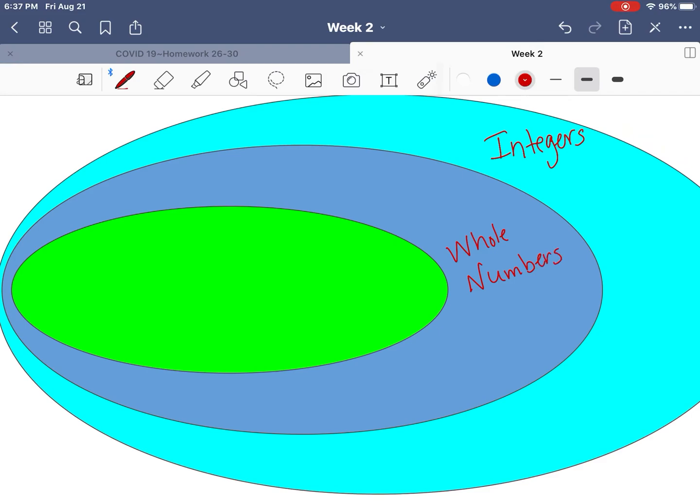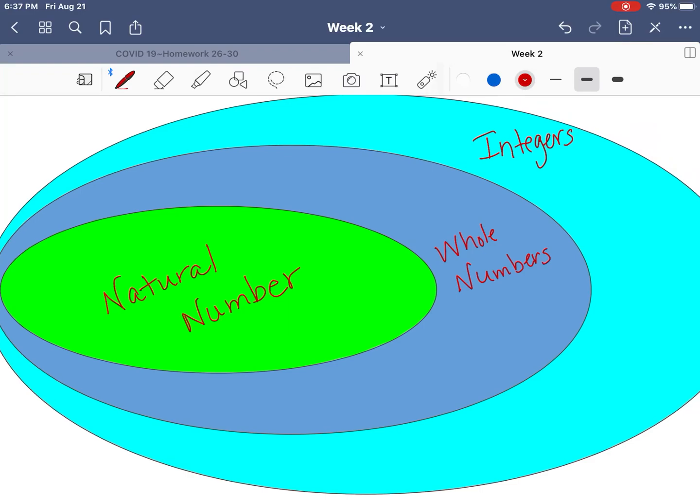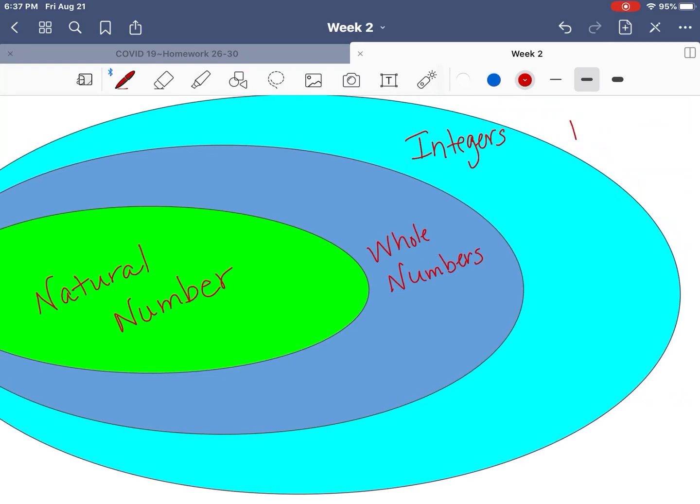And the smallest category would be natural numbers. Remember, natural numbers are the ones you count with. You've been learning those, or you've been knowing those since you were a little tiny child, probably. Okay? That outer category here, that would have to be rational numbers, because rational numbers are the biggest category.